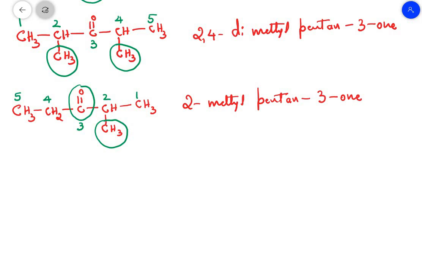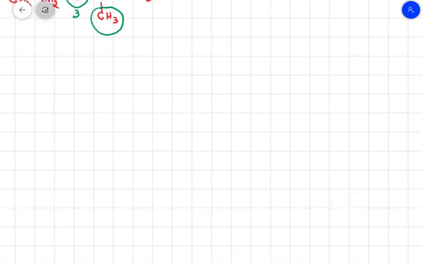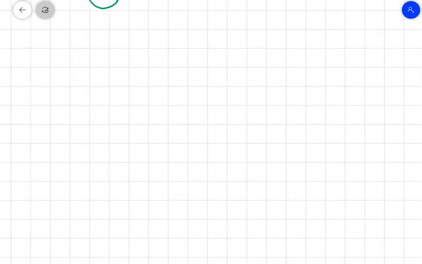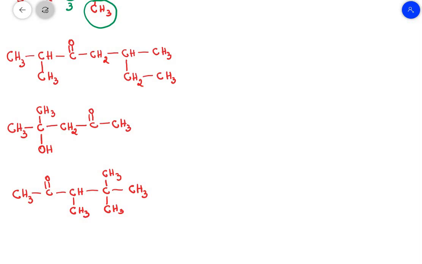Now let us have other examples. So here we have to select the longest carbon chain, so that is first carbon, second carbon, third, fourth, fifth, sixth and seventh.